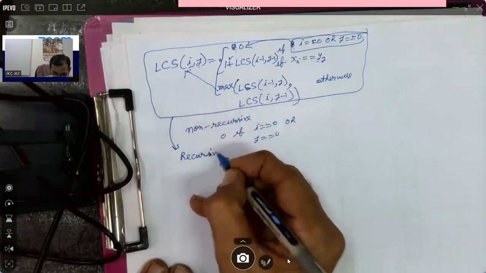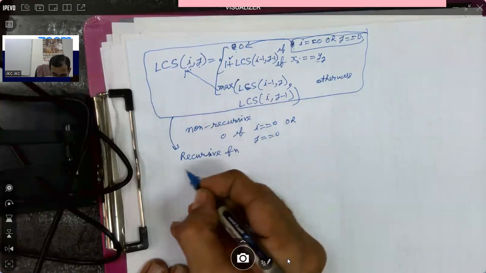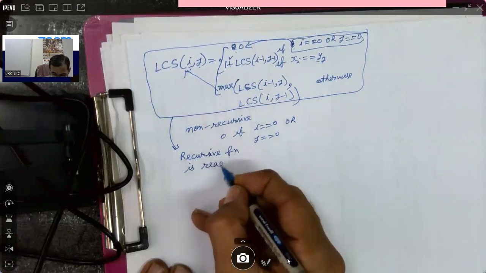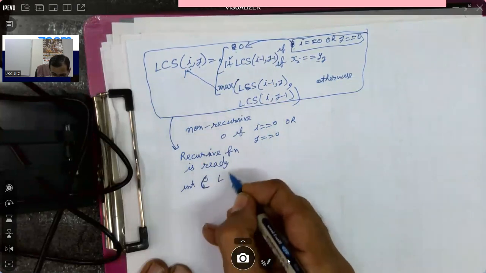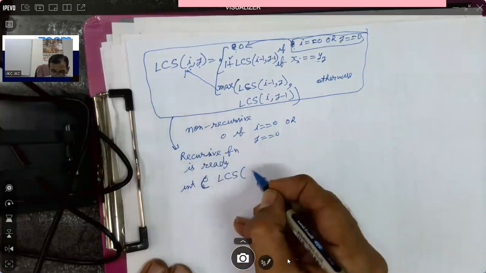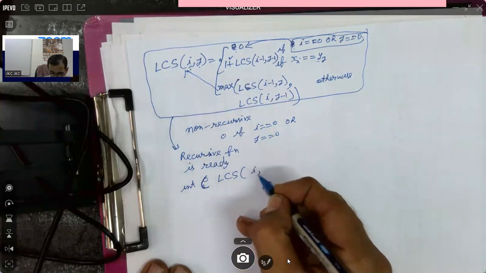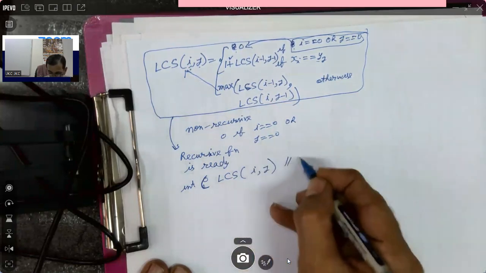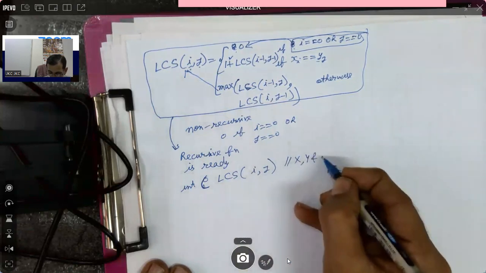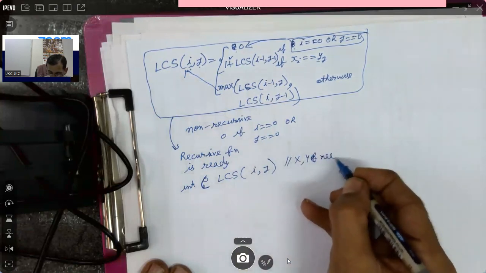So the recursive function is ready, and I can write something like int LCS within brackets. I can pass the lengths i and j. Of course, X and Y are also needed, so X and Y can be made parameters, or they can be global.